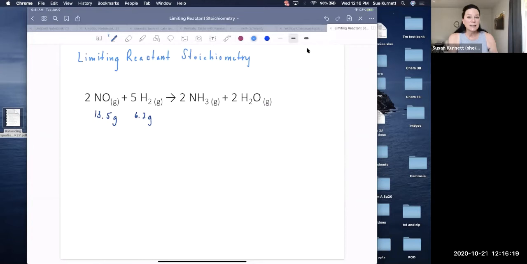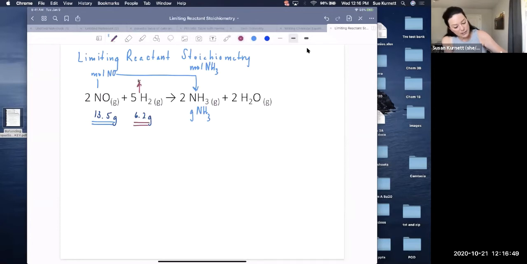A way to do this that always works is to just go grams to moles to moles to grams of the product. So I might start with my grams of nitrogen monoxide and go to moles of nitrogen monoxide. Use the 2-to-2 ratio to get to moles of ammonia, and then the molar mass to get to grams of ammonia. I do that with one, and then I do that with the other. Grams to moles to grams.